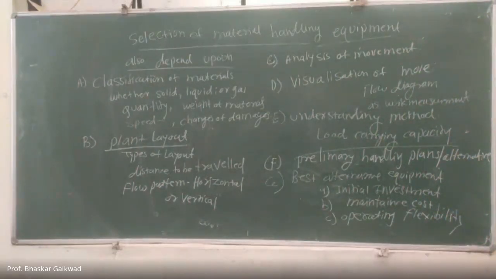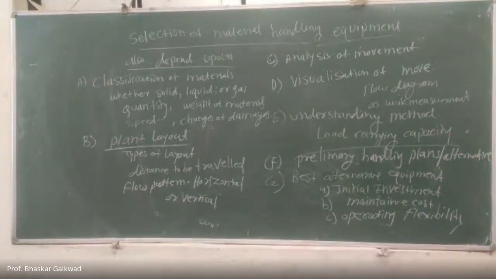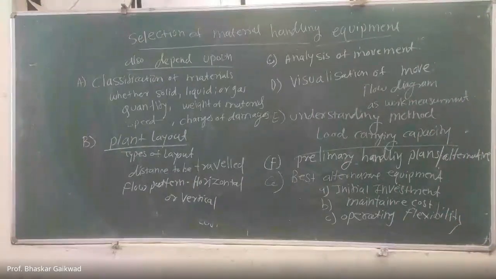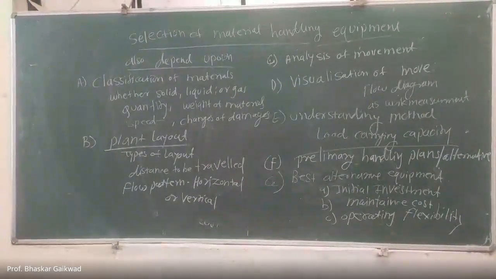Before this, I would like to tell you about the selection of the material handling equipment. It is basically based on fixed and flexible path, meaning variable path. Fixed path is when continuous production, mass production is there.